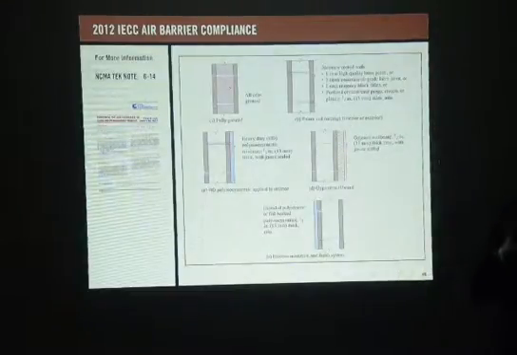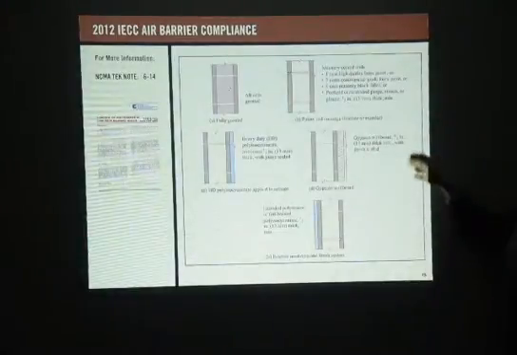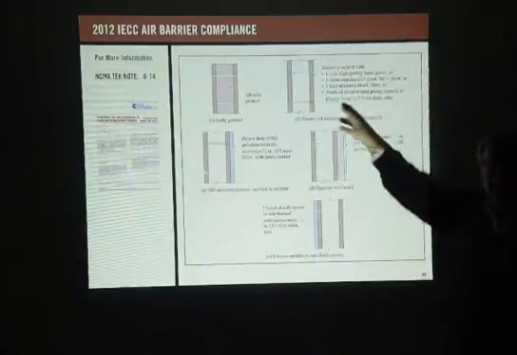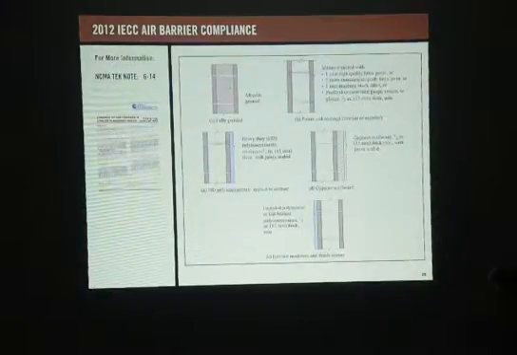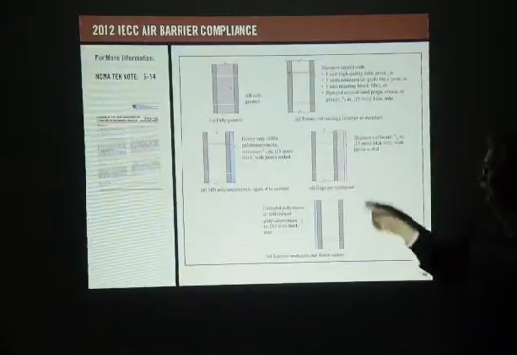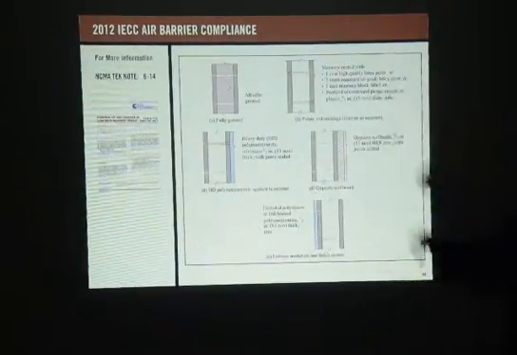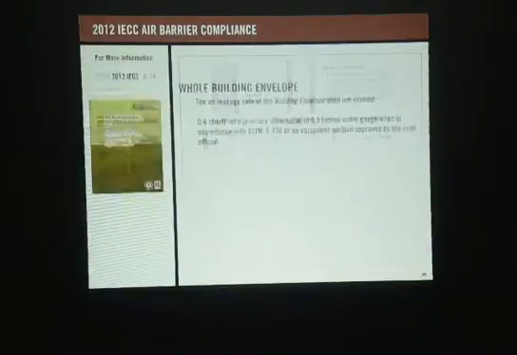The nice thing about paints and coatings that are breathable, we talked about breathable, is that there are paints and coatings that you can put on block that keep them breathable, okay? So yes, you can do that. Gypsum board, exterior wall insulation, all these comply with the 2012 IECC for air barrier compliance.